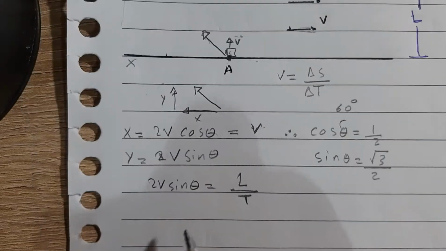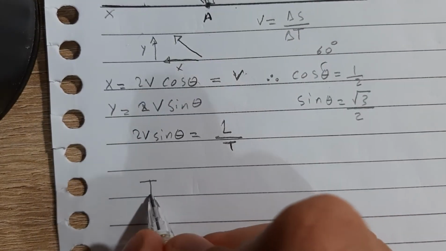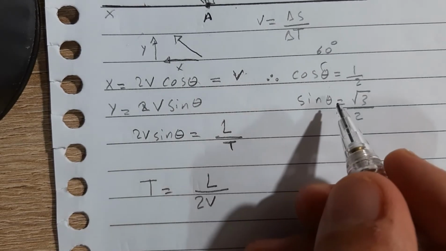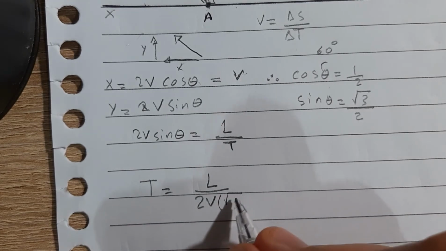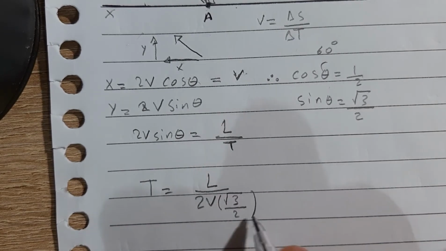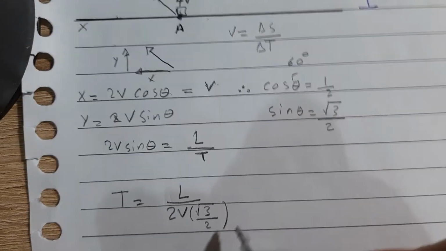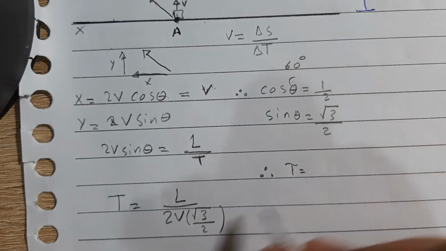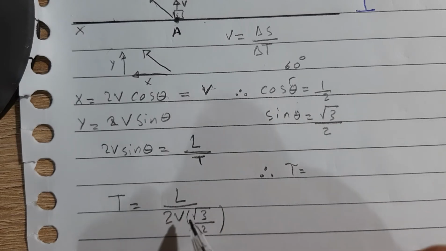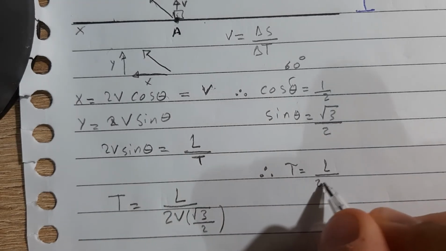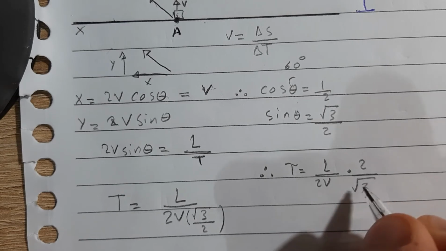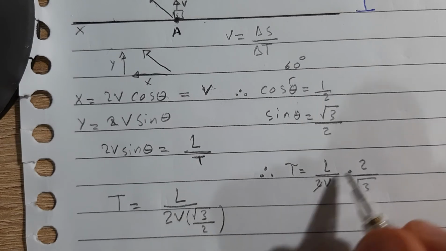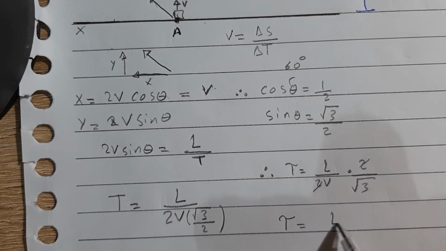So the time it takes is equal to L divided by 2v times sine of theta, which is root 3 divided by 2. Okay, so now this is a bit of math. This 2 will go upwards, right? It's the same, because you're dividing. Okay, I hope this doesn't make any problem.